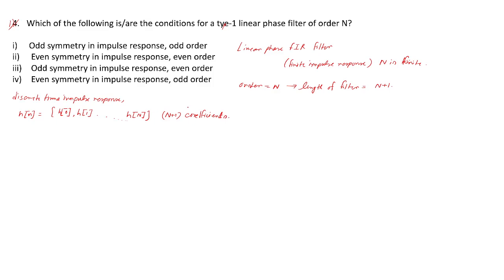Sometimes it's called an N plus 1 tap filter, because taps refer to the number of coefficients of the impulse response of the filter.